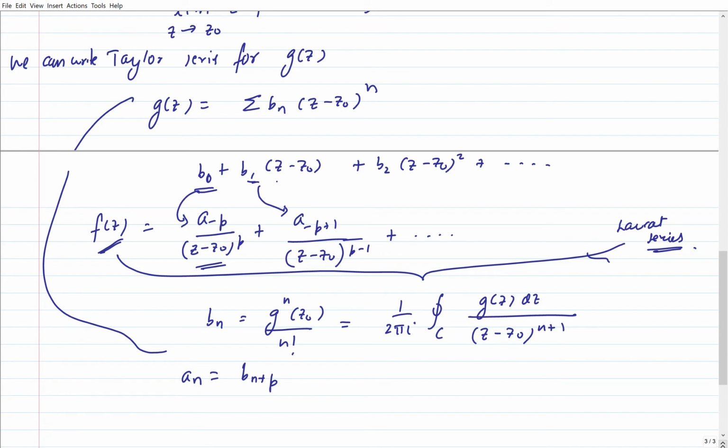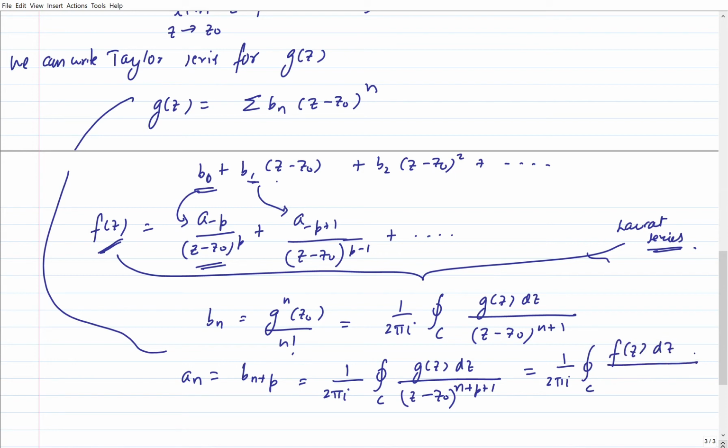Which is nothing but, plugging in the relation between f(z) and g(z), the integral of f(z) dz divided by (z minus z0)^(n plus 1).